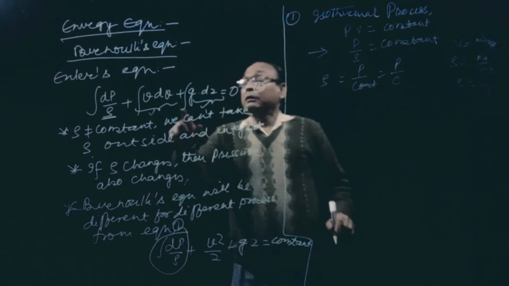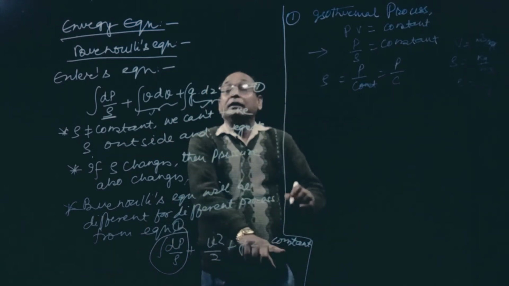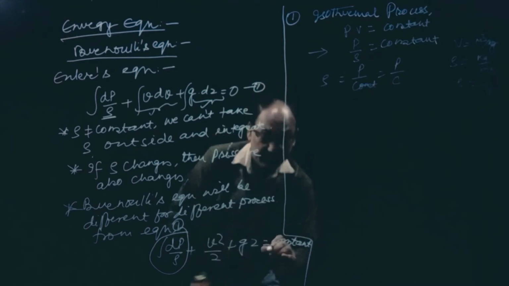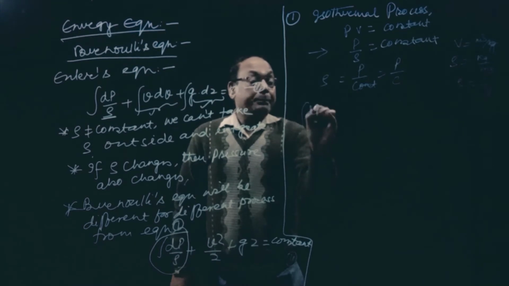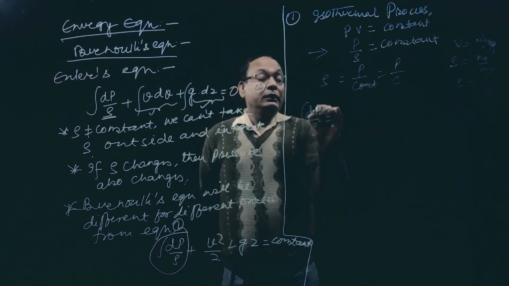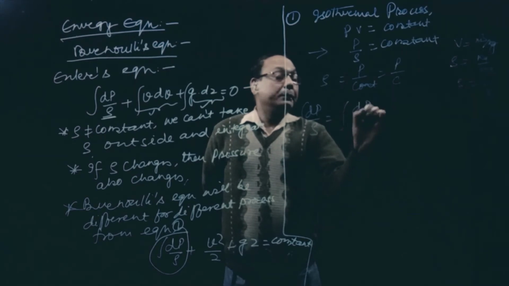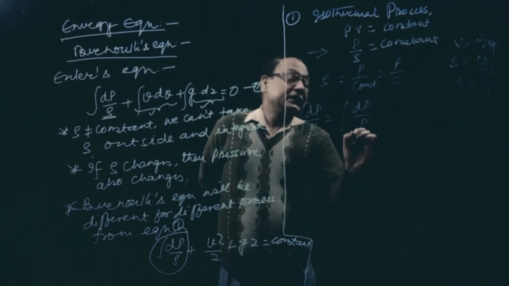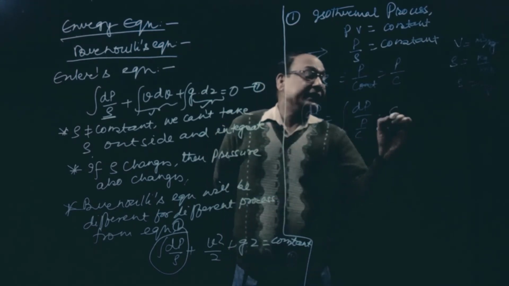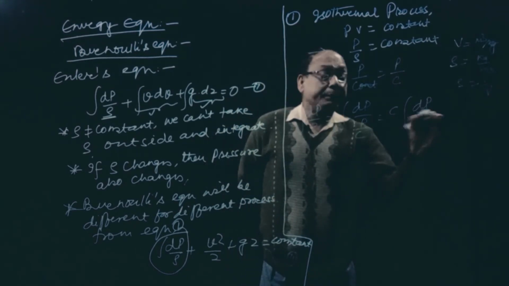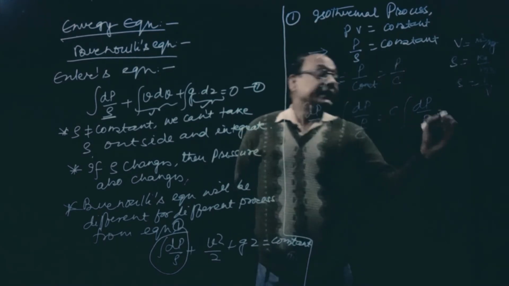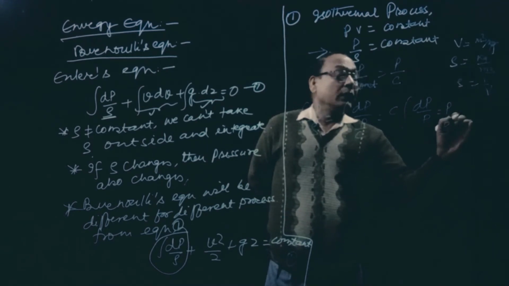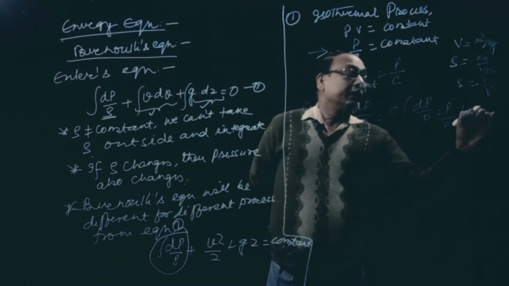Let us call this equation 2. The integral of dp by rho is the integral of dP by (P by C). C we can take outside, so it will be dP by P only. C is nothing but P by rho, and this is equal to log base e of P2 by P1.